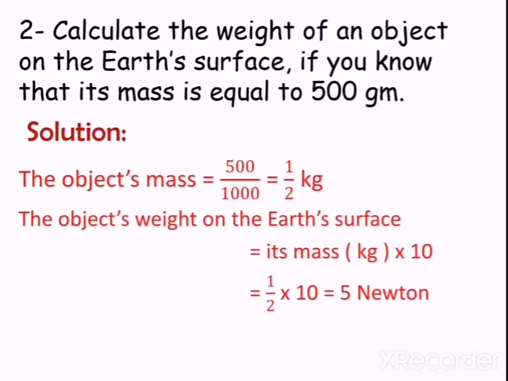So the mass equals 500 divided by 1000, so it equals half a kilogram. So from the triangle, the weight of the object on the Earth equals mass in kilograms times 10. So it equals half times 10, equals 5 Newton.